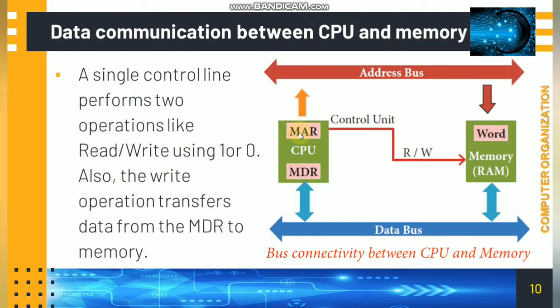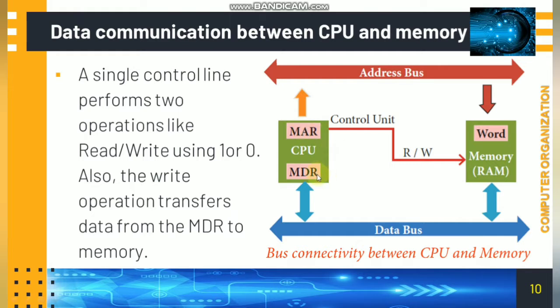So see, now here inside your CPU you have your memory address register and memory data register. Here you have your data bus, so every piece of data is sent to the memory data register. From this memory data register, the data will be stored using the memory address register.